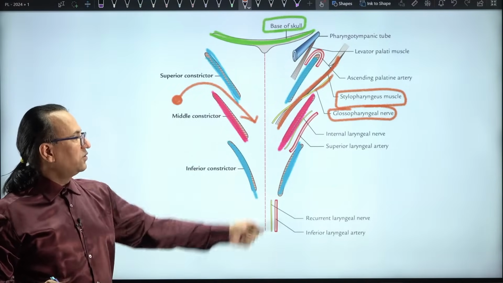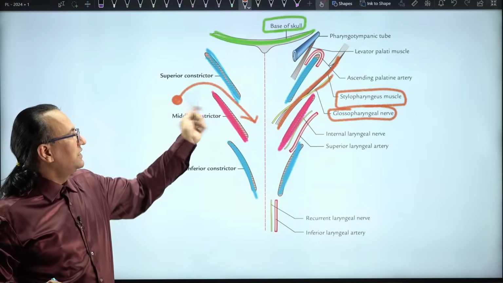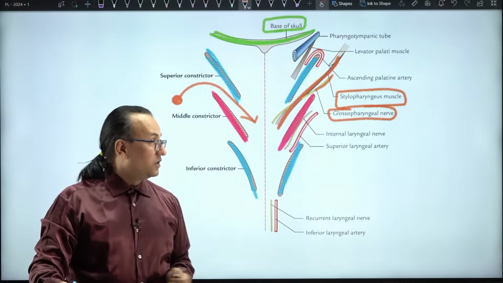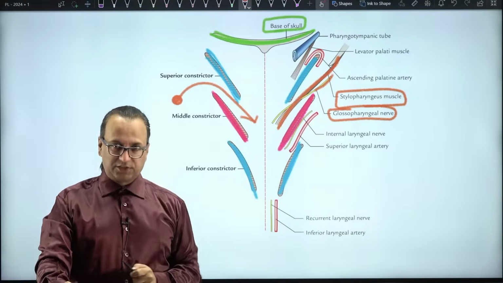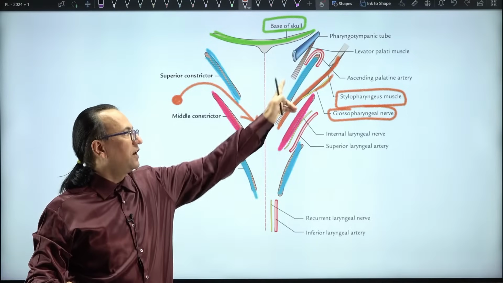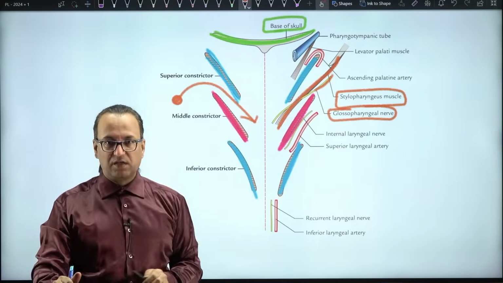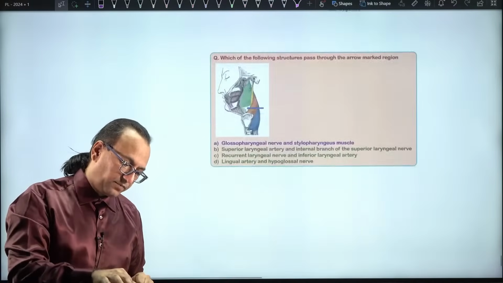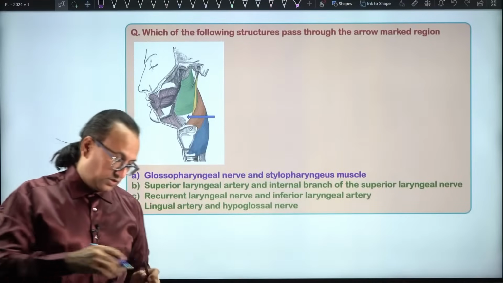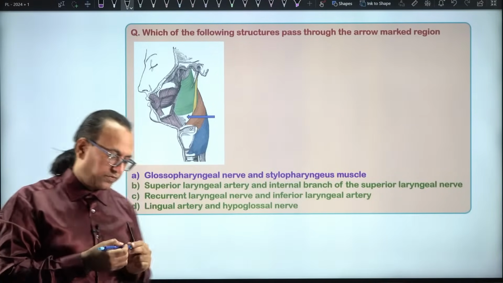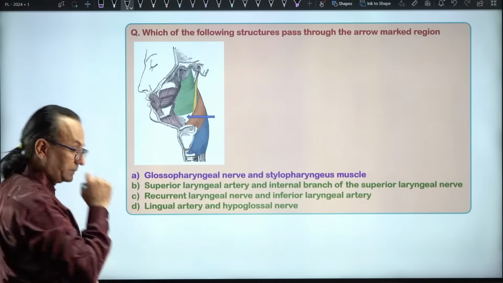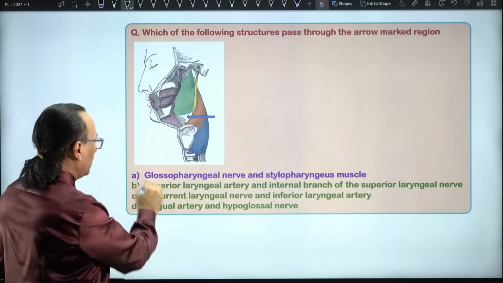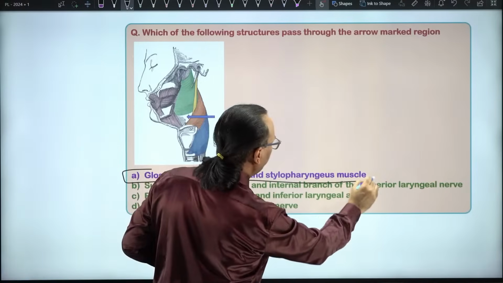There are other details also, but this session is just to make sure which question came and what is the perfect answer. The answer is the structures which belong to the third pharyngeal arch: the glossopharyngeal nerve and the stylopharyngeus muscle.